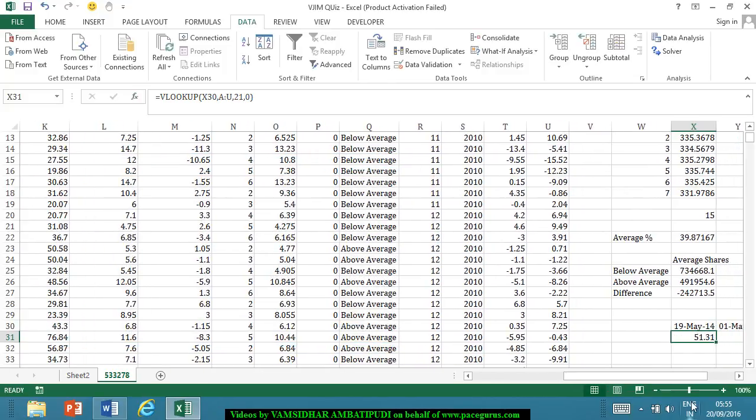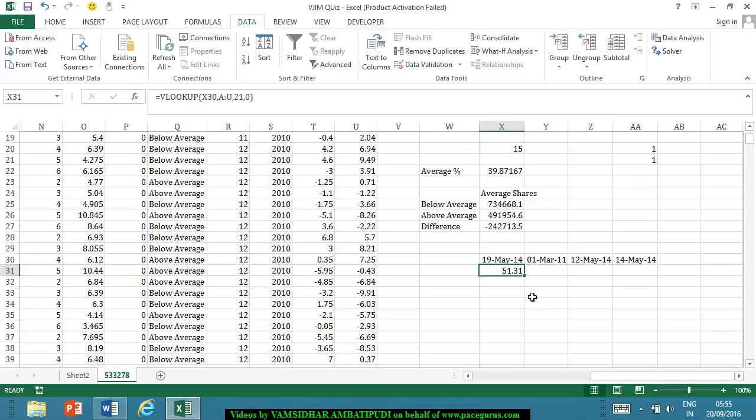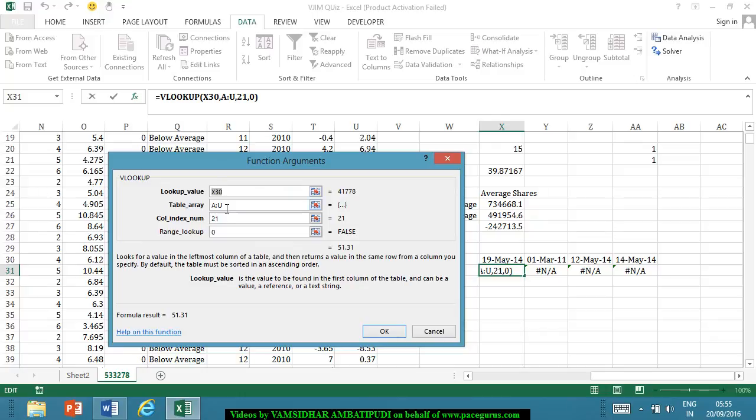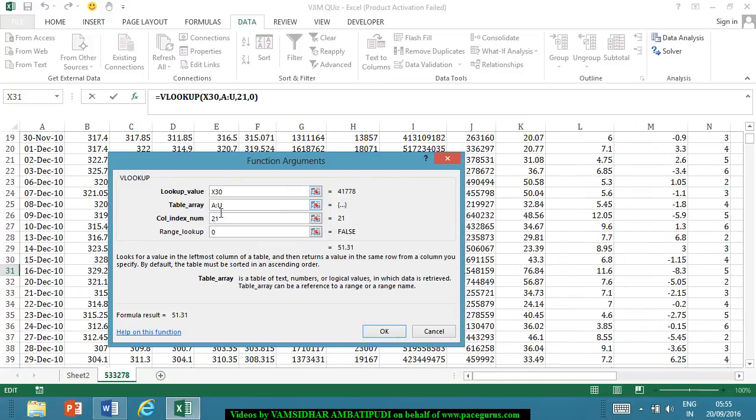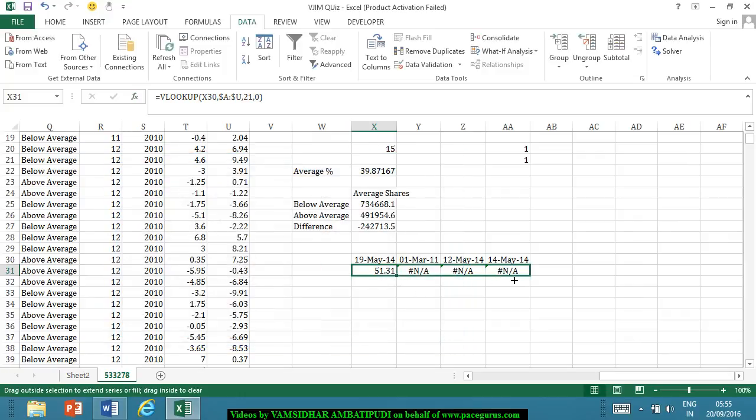So I am simply getting that the difference is 51.31 on 19th May. And if I drag it across, because I did not put a dollar out here for the A to U, it's better that I put dollars so that I can drag them correctly.